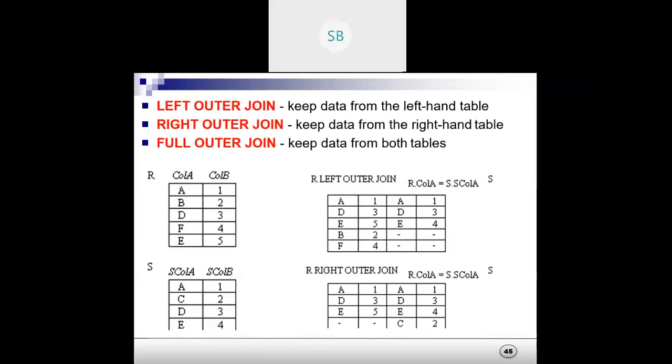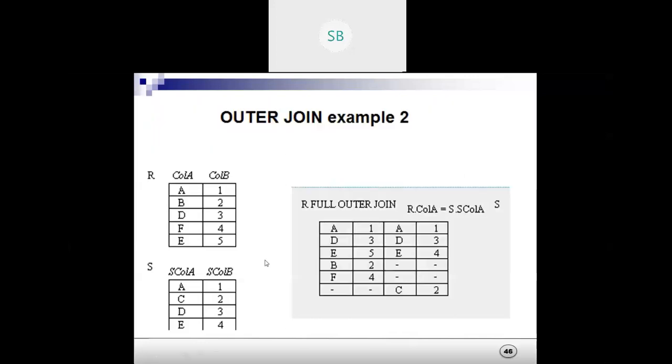Now, if you understood these two things, left join and right join, from the word full join, I think you will know that in full join everything will appear in the table. Whatever is present in the left table will come, and whatever tuples are present in the right table will also appear. That means it will keep the data of both tables.